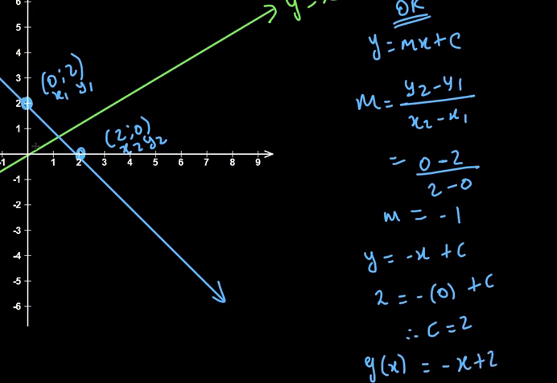Now that we have this as the original, remember the procedure of finding the inverse: you swap x and y. So you have x equals negative y plus 2, and then make y the subject.